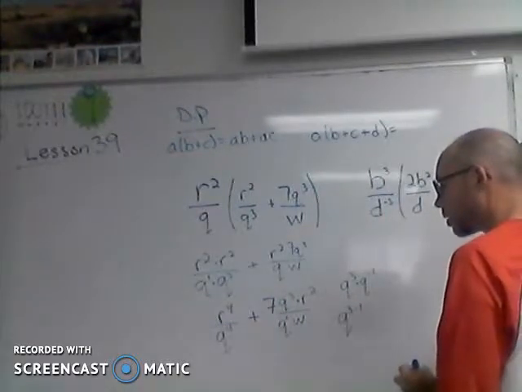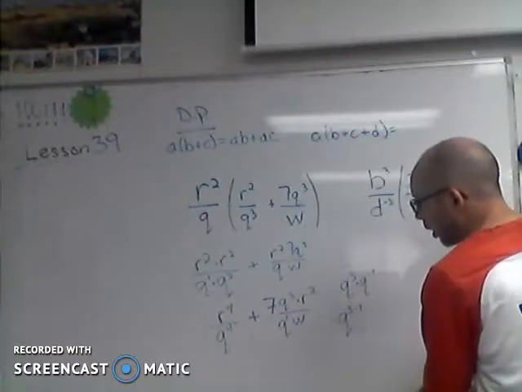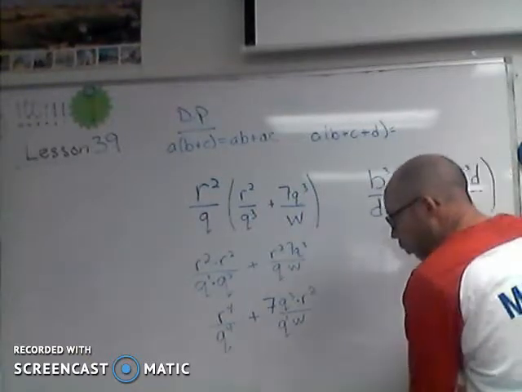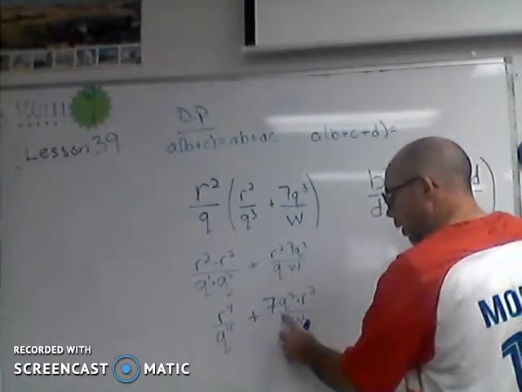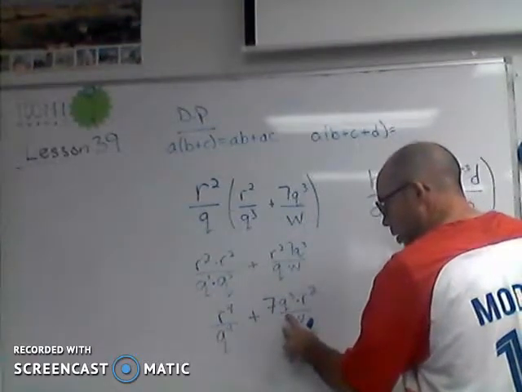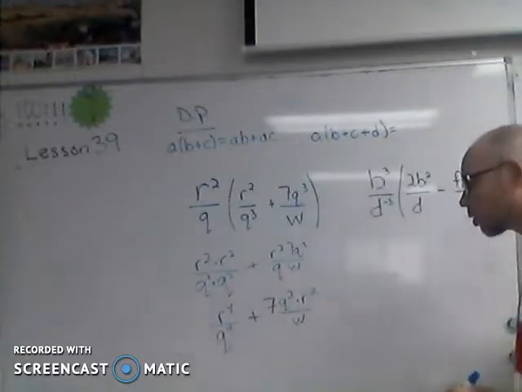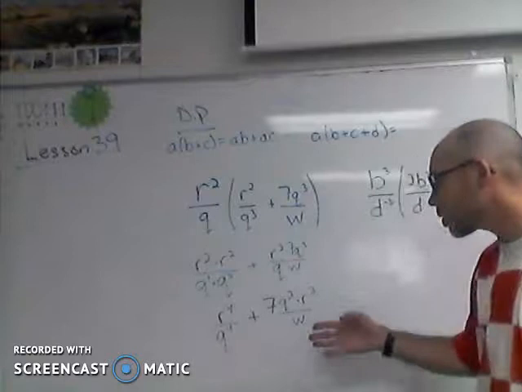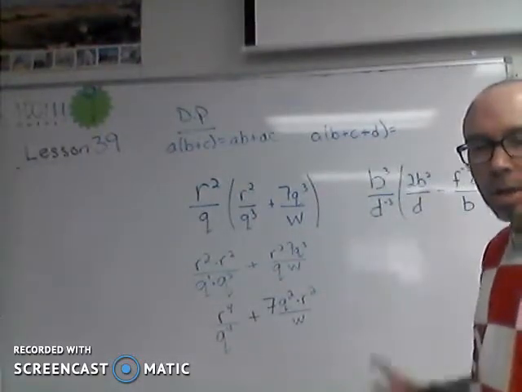Q to the 3 minus 1, which is q to the 2, or q squared. So it's basically like we're canceling out one q out of here and one q out of there. There won't be any q's here, and then this one is reduced down to q squared. The denominators are not the same, so we can't combine that one anymore. That one is finished.